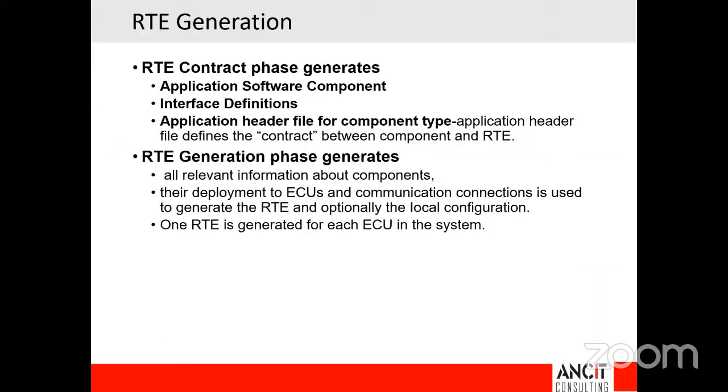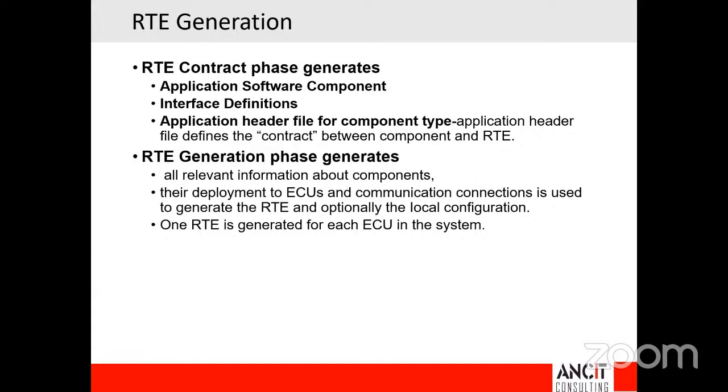Okay. So when we talk about RTE, there are two major phases. One is called the RTE contract phase, and the other one is the RTE phase. So what is the objective? What does the RTE contract phase generate? If you generate the RTE contract phase, it will generate all the .c files, which I typically mean by application software component.